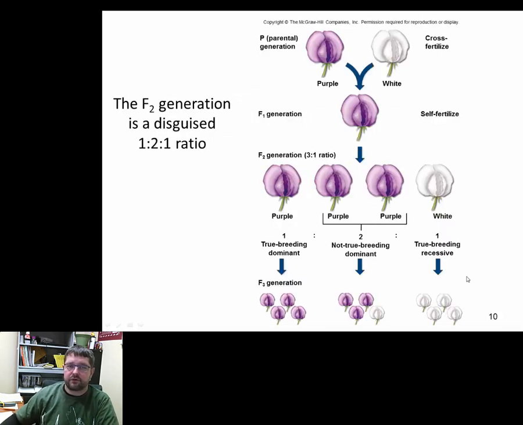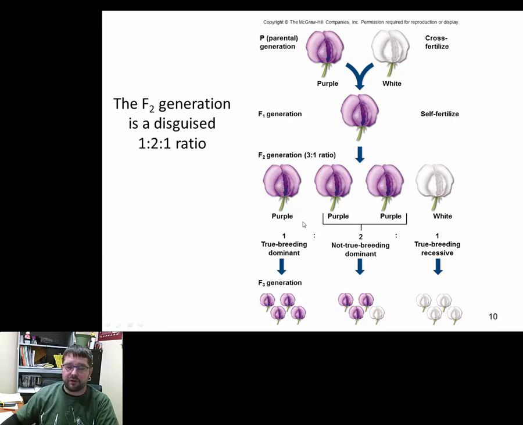Okay. So here you can see crossing those parental lines results in an F1 generation where you can determine that purple is dominant. Self-fertilize the F1 generation, and now you have a 3-to-1 ratio.